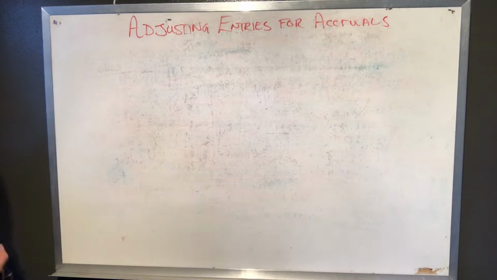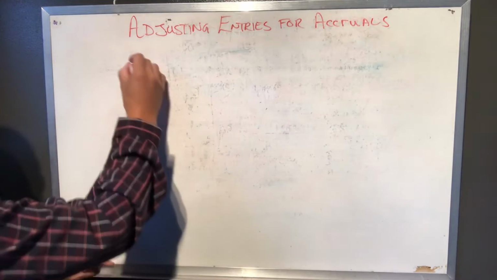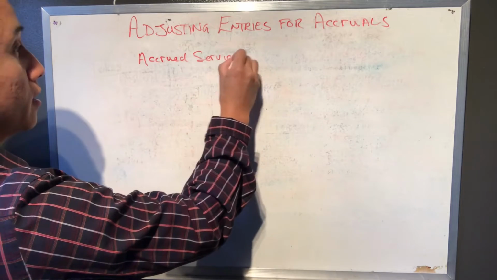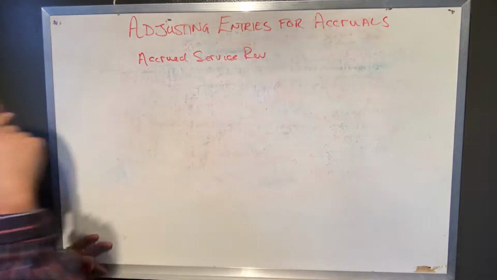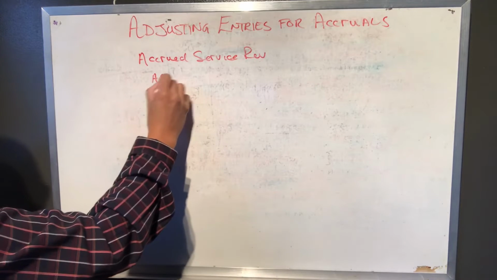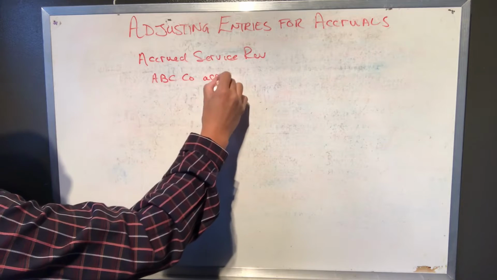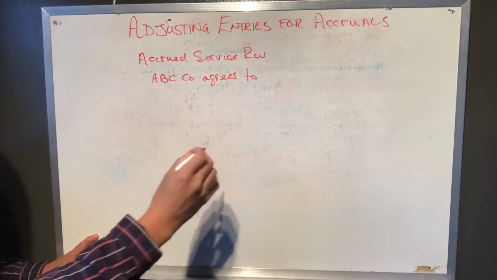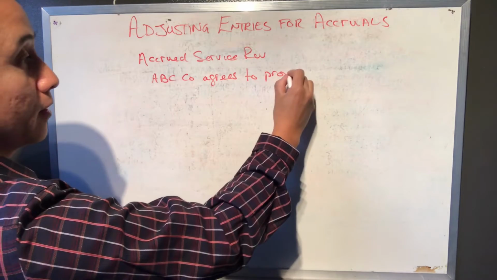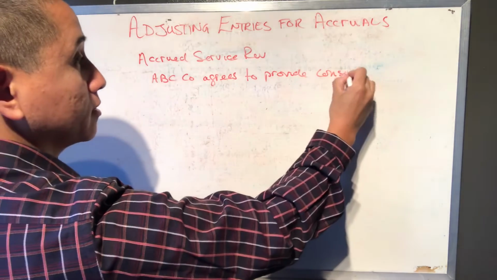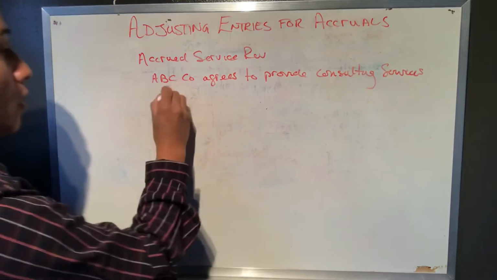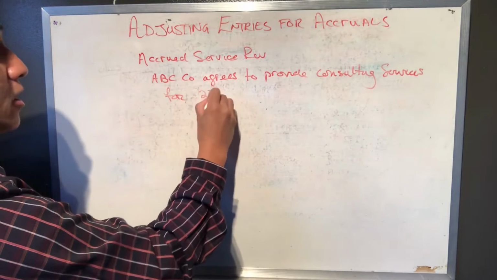So let's say for an example for accrued service revenue, let's say that ABC company agrees to provide consulting services for $2,700.